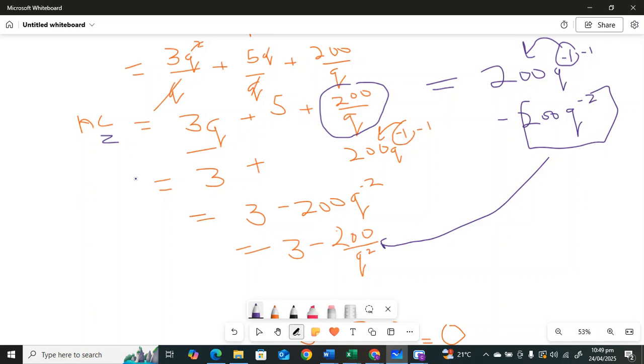So after we got our average cost function, we derived it. This is our derivative here, 3 minus 200 over q squared. Then once you get your derivative, you equate it to zero so that you get your value.